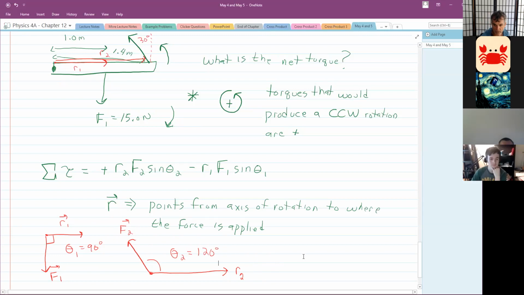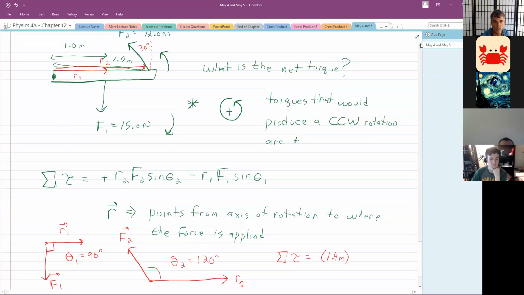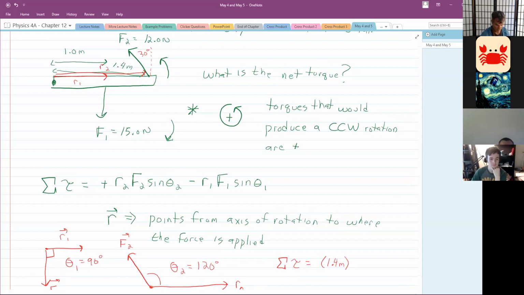Okay, so if I go and actually calculate this torque, let me just do it right here. The sum of the torques then, I've got my R2, which was 1.4 meters, times F2. Did I make up a value for F2? F2 was 12 newtons.